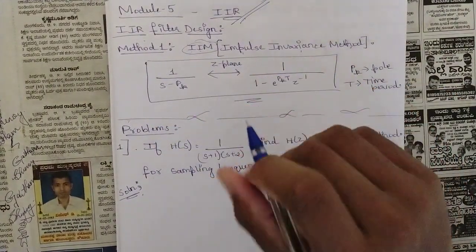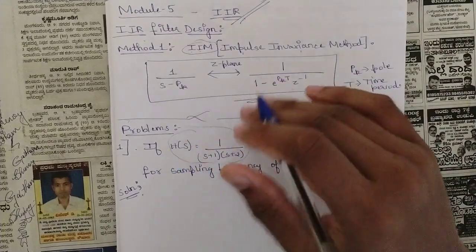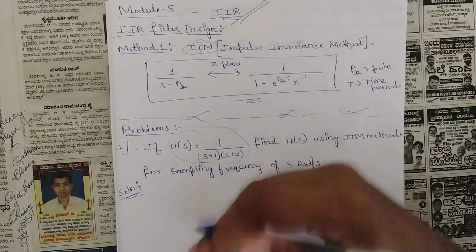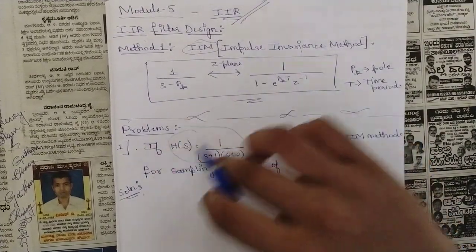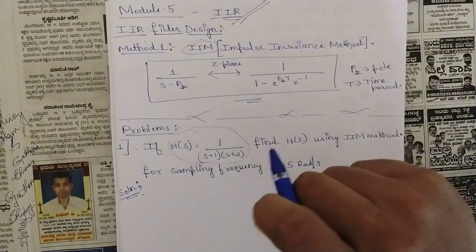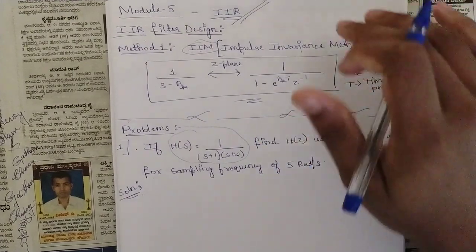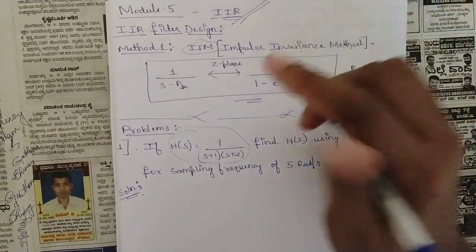They would be giving you one equation in the form of 1 divided by something. By guessing from the system function equation, you can say that you should be using partial fractions and solving this. All the problems here you should solve using the method of partial fractions.